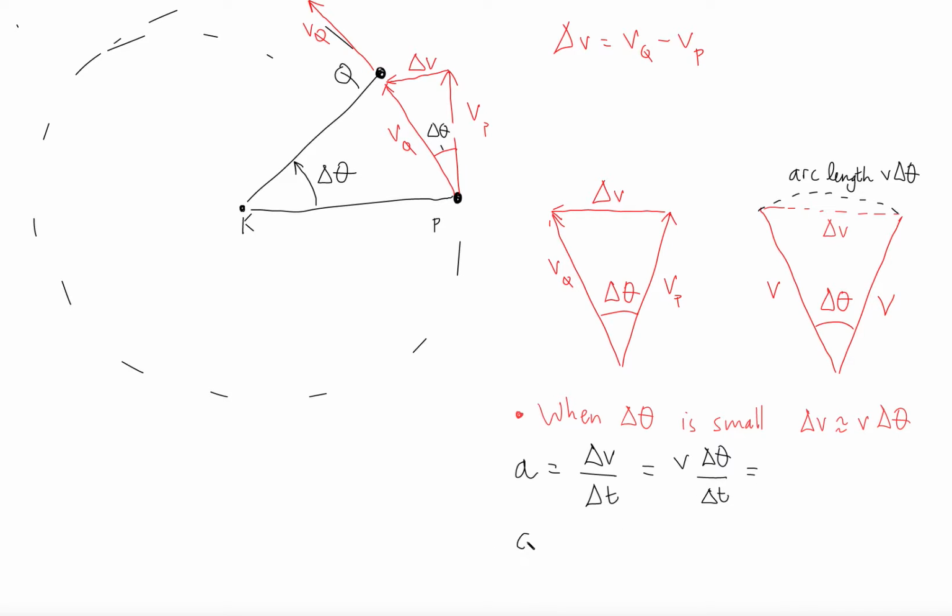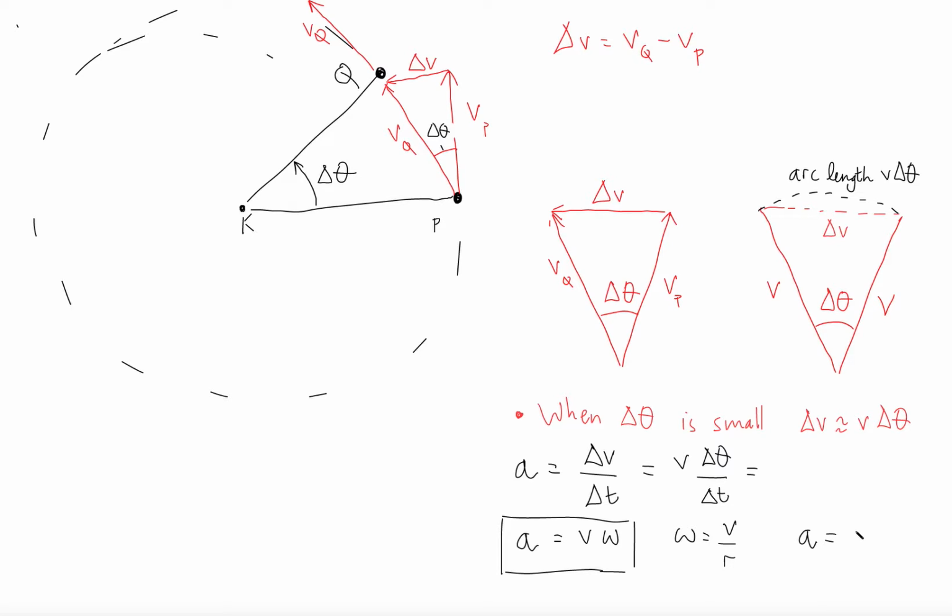So the acceleration is just v omega. That's one expression for the centripetal acceleration. But we also know that omega equals the linear speed divided by the radius, which gives us another expression for the centripetal acceleration.